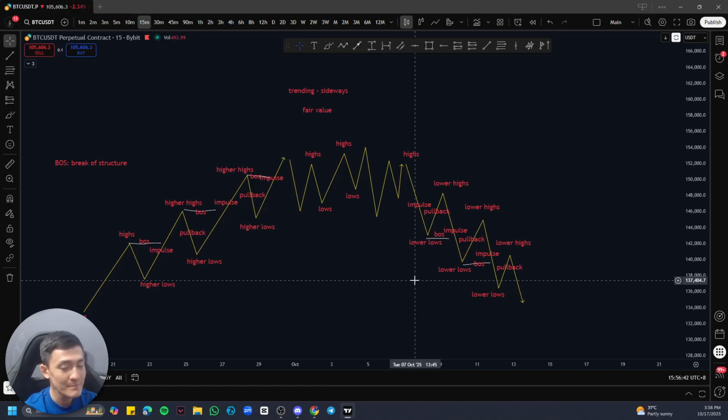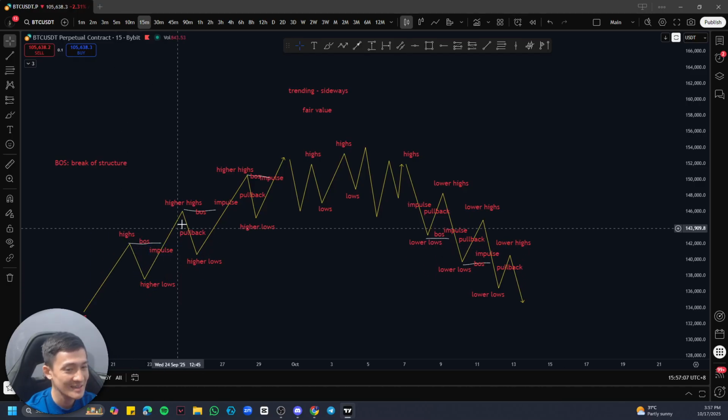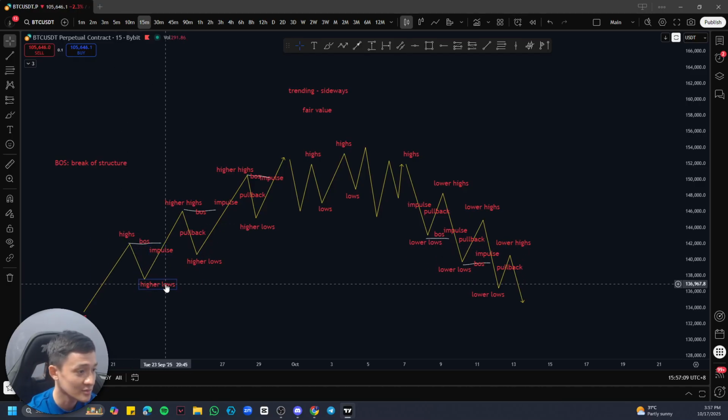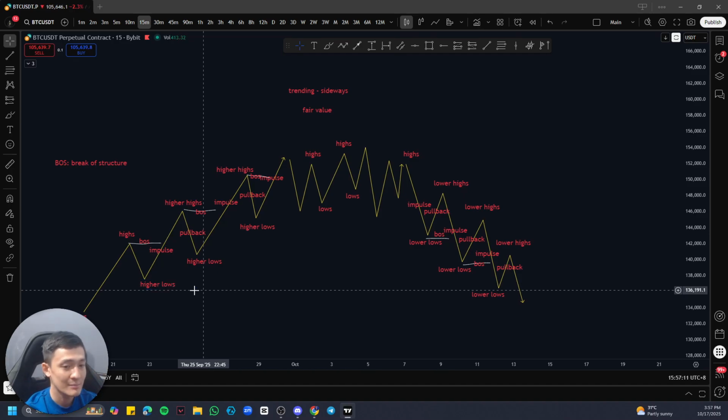An impulsive move in a trend is usually what we want to catch. In a trending market, it's best to follow the trend. In an uptrend, ideally, we want to look for long positions, and catch these impulse moves, because impulse moves are usually the strong, big moves up that break structure.